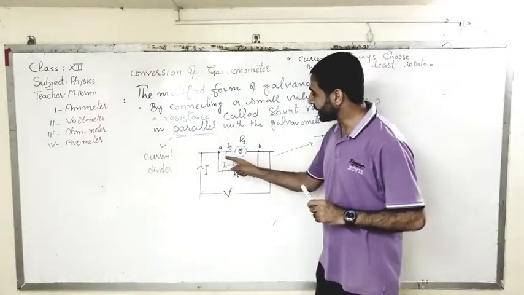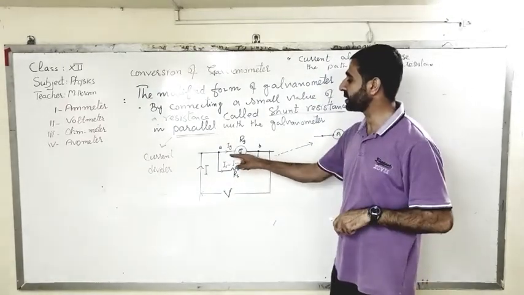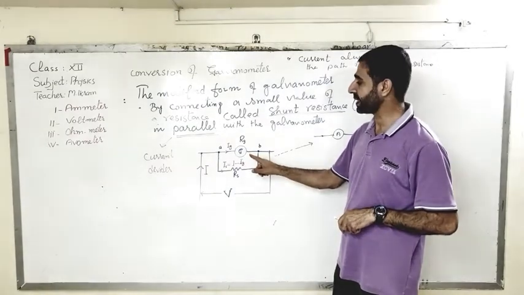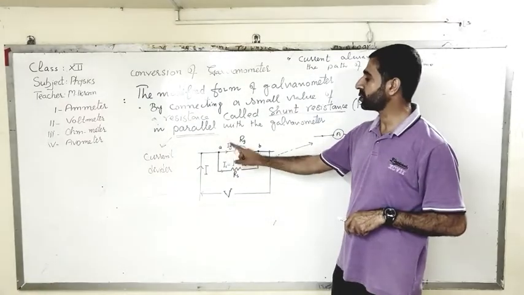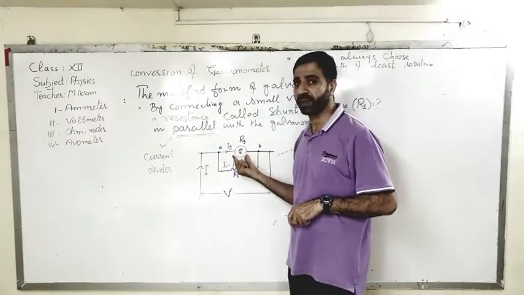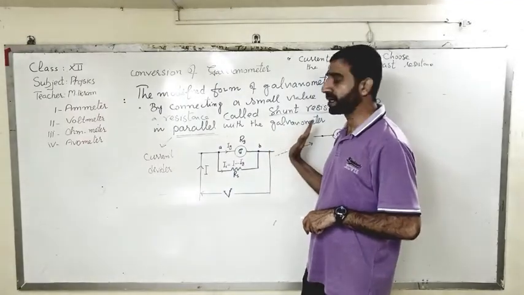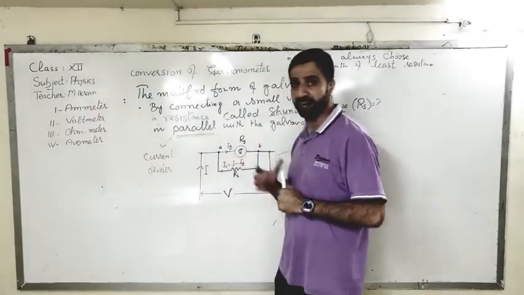This is why the large current will be bypassed and only a limited current will be allowed to pass through the galvanometer. That little current will be in the safe range, so that the galvanometer needle does not give more than a full scale deflection and get damaged.